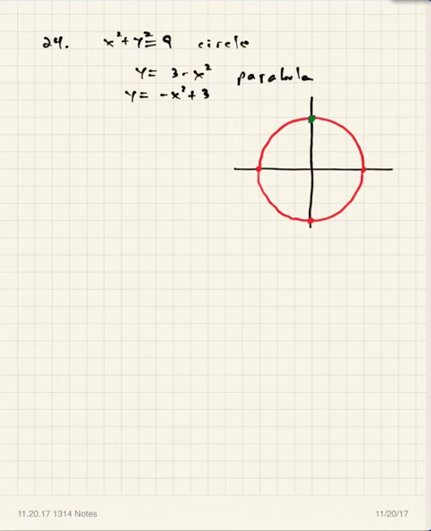So you have the vertex up here at 0, 3, and then it's been reflected downwards, so the graph is opening like this. We could even plot some points: at x equals 2, this graph's at negative 1, and negative 2 would be at negative 1. So you get this parabola that looks like this.